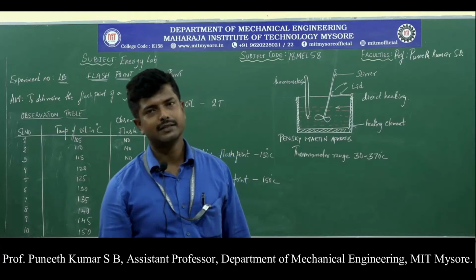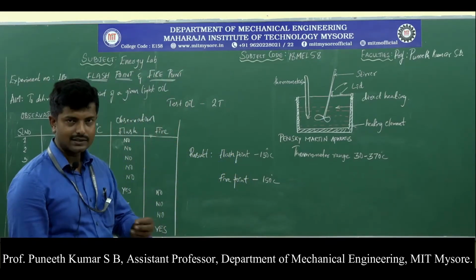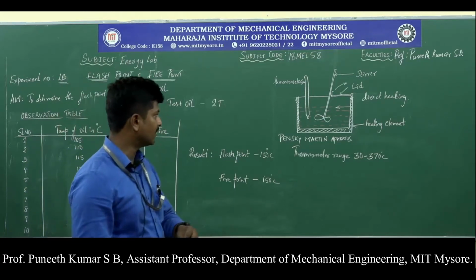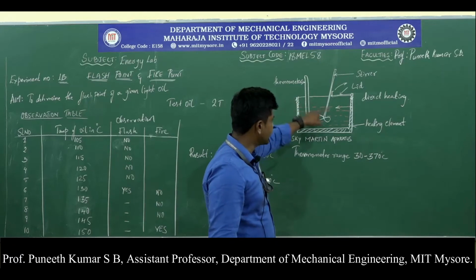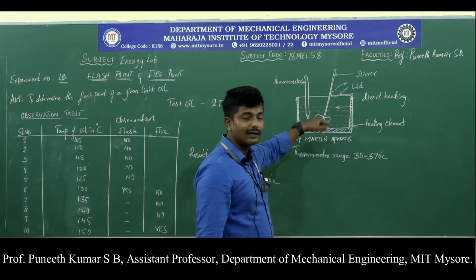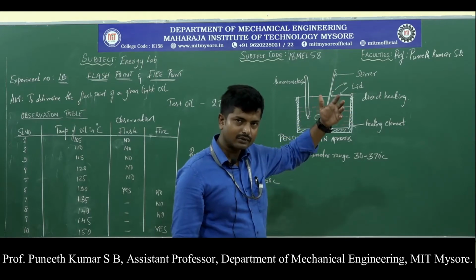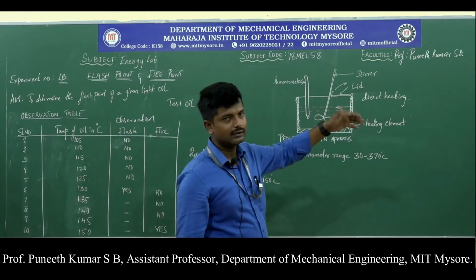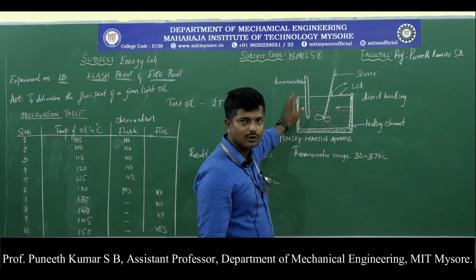Okay, after the experimentation, we have already tabulated the result. As we have understood before, in the earlier experimental setup we had a water bath for the uniform heating of the oil, but here in this Pensky-Martens apparatus there is no water bath.